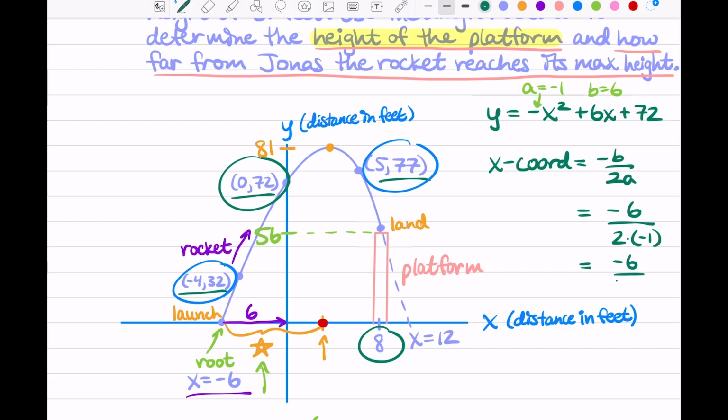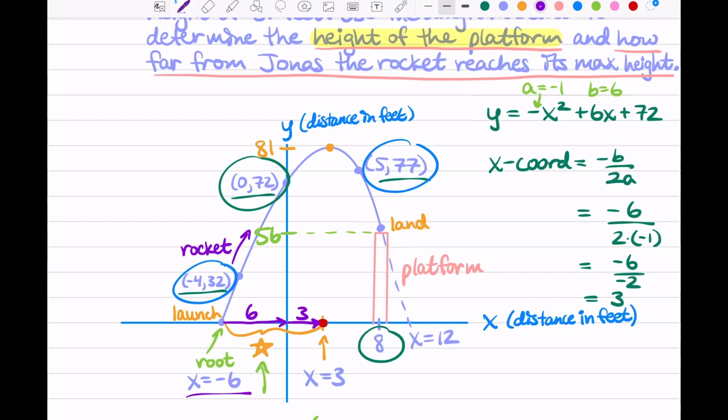That gives us negative 6 over negative 2, which is a positive 3. So the x-coordinate of our vertex is 3. That's where our rocket reaches its highest point. So x equals 3 means once Jonas walks to the center, he just has to walk 3 more steps.